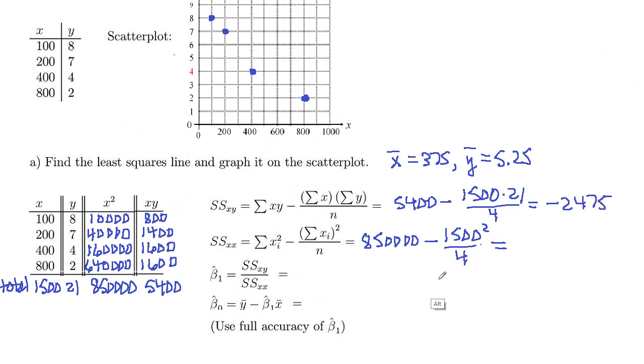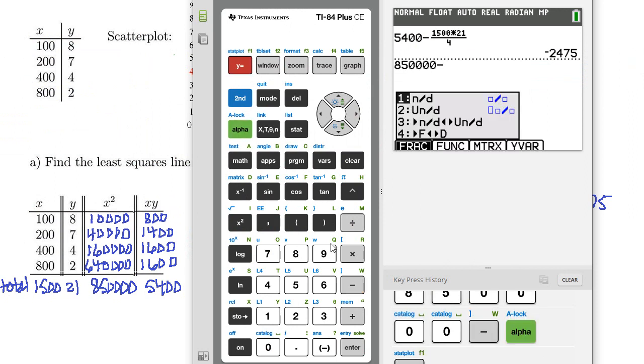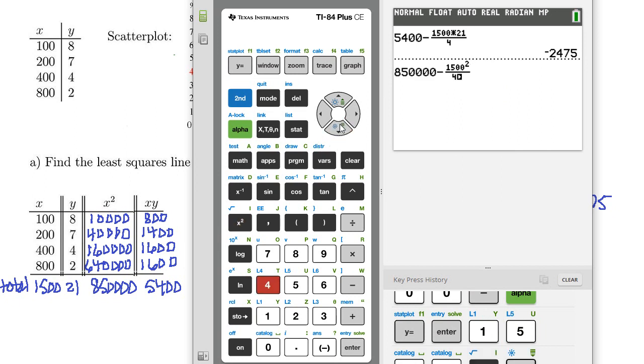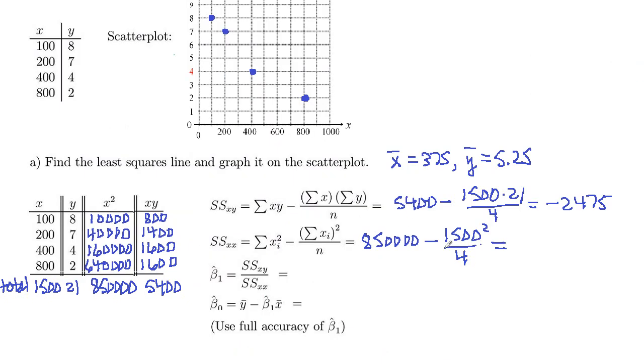And then do sum of squares of xx, so that was 850,000, and minus alpha y equal enter. We had 1,500 squared on the top and 4 in the denominator. 287,500.